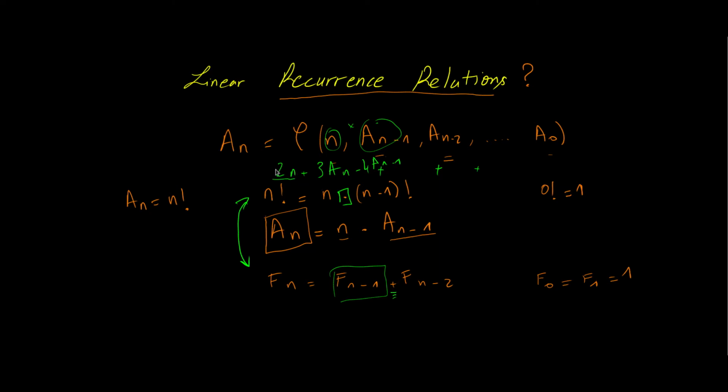Basically each term here is a coefficient times one of these variables, and I cannot have something like a of n minus 1 times a of n minus 2. When this is the case, we say that it is a linear recurrence relation. So the Fibonacci numbers are linear, whereas the factorial isn't.